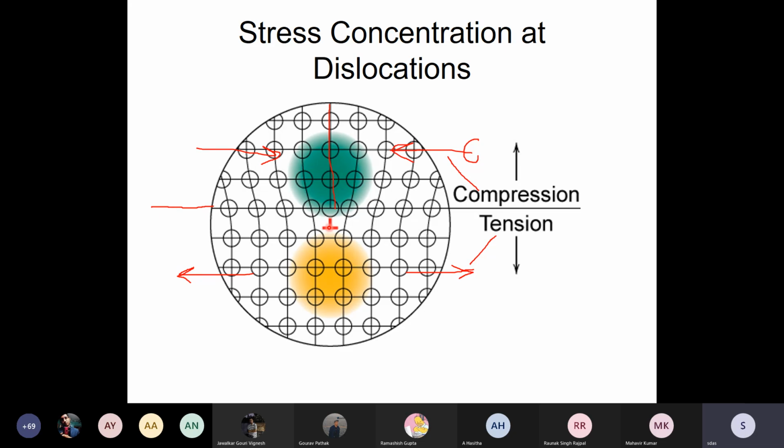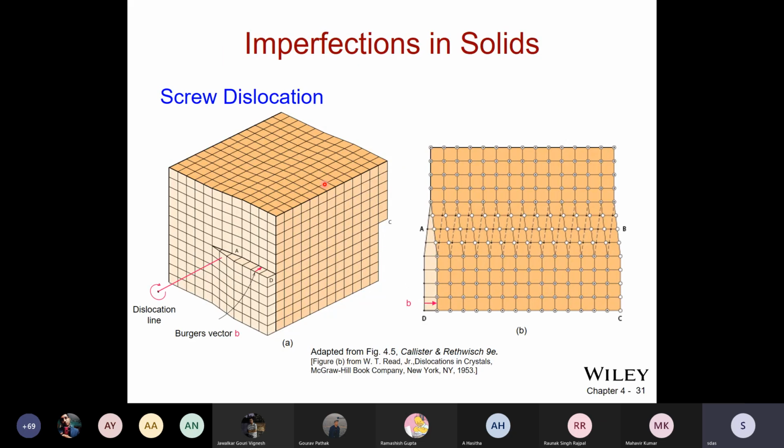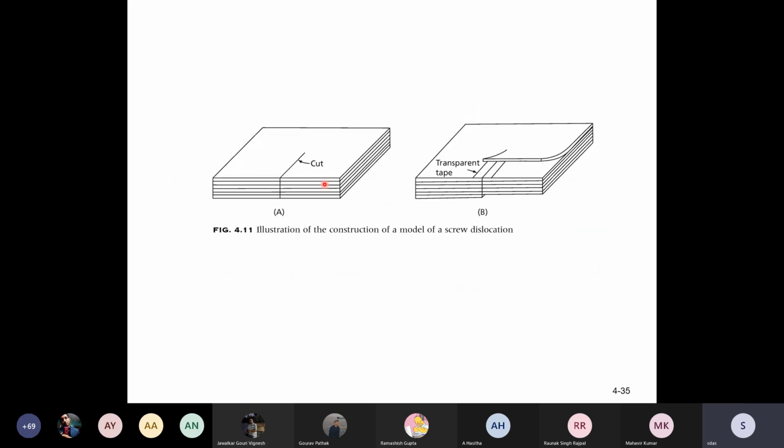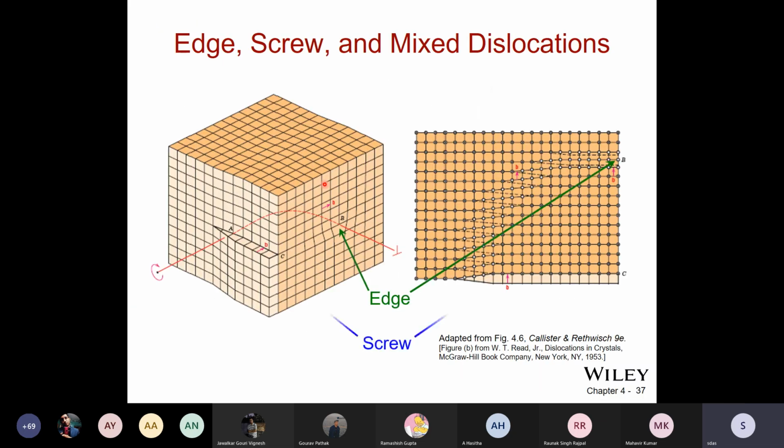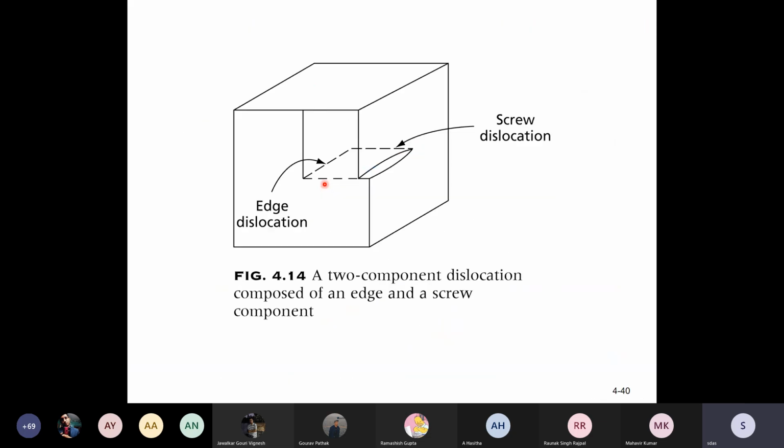Now if I add a row of atoms at the bottom of this extra half plane, this extra half plane ends at this plane. So that is called climb down. By removing the entire row of atoms, it's called climb up. By adding an extra row of atoms, it's called climb down. And these are the parallel slip planes. So an edge dislocation moves from one slip plane to another slip plane, not by cross slip, but by a phenomenon called climb.